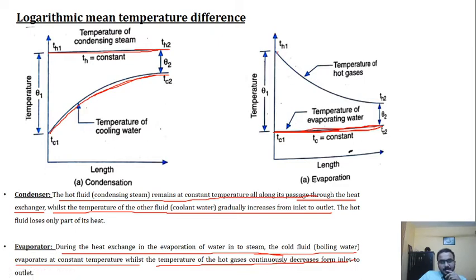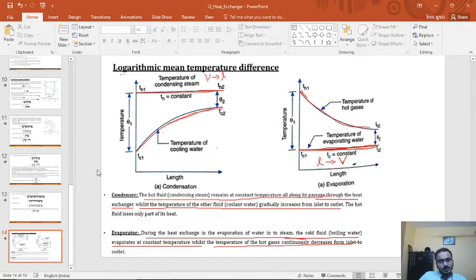So here this is the decrease in temperature of hot gases from inlet to outlet. Here we are having conversion of vapor into liquid, and here we are having conversion of liquid into vapor. Okay, so let's get back to our main theory.